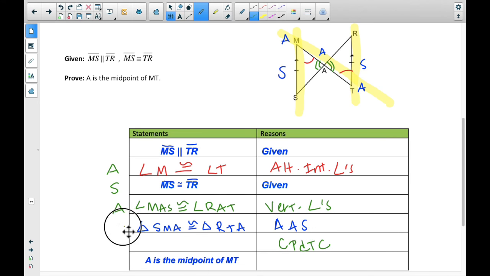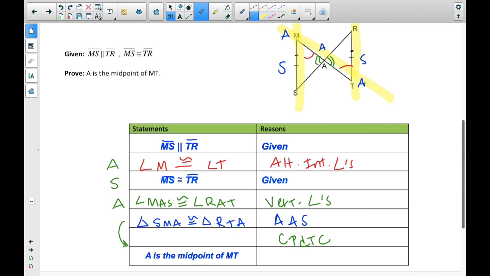Okay, now usually what we do is we jump to CPCTC. So I think we're going to say CPCTC here. Look at what we're trying to get to. We have to take our eyes off what's right in front of us and take a big picture here. We're trying to get to A being the midpoint of MT. I'm going to erase some of this because it's starting to get messy, because I want us to be able to focus on what we need to focus on now.